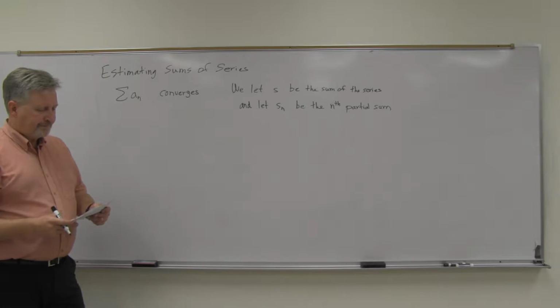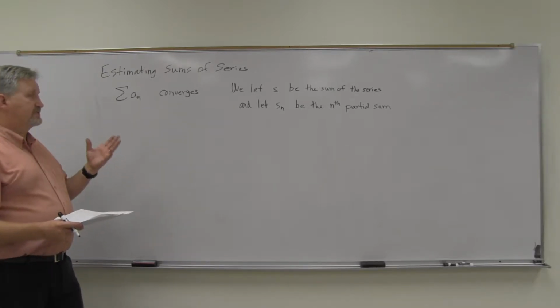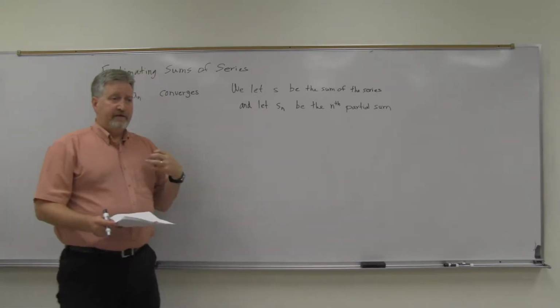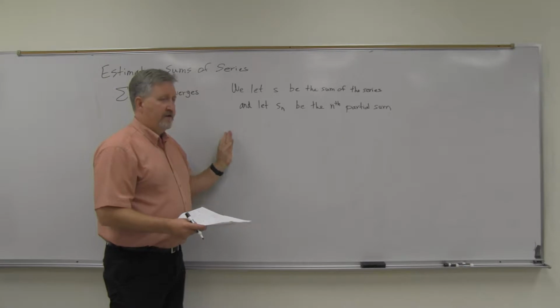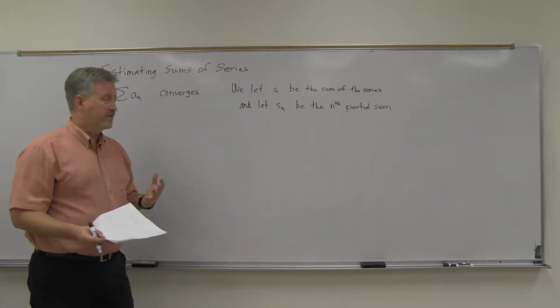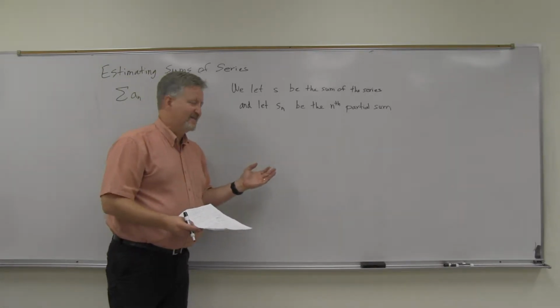All right, well, one thing these partial sums can show, if you start writing them out, S1, S2, S3, S4, I think we did that for one of them, and we showed that the limit did not exist.